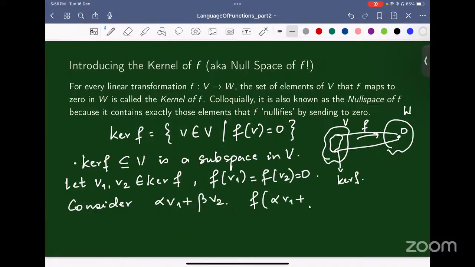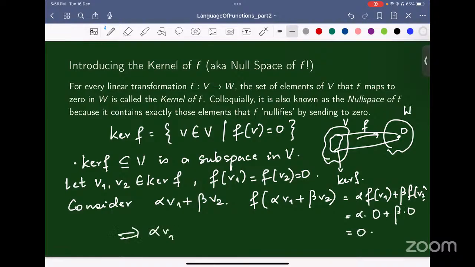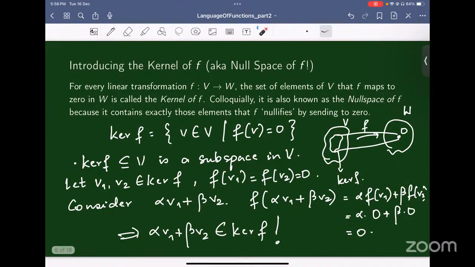F of alpha V1 plus beta V2 equals alpha f of V1 plus beta f of V2, which is alpha times 0 plus beta times 0, which is 0. This implies alpha V1 plus beta V2 also belongs to kernel F. It's that simple. So kernel F is a subspace that lives inside V. Remember, range lives inside W.